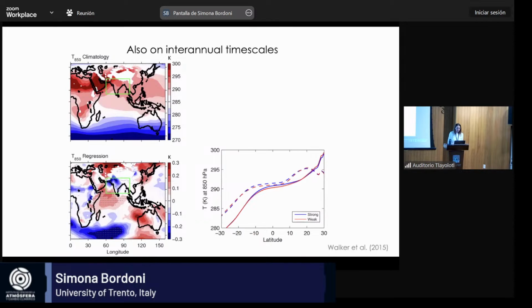But let me show you how, again, I really want to emphasize how if we really were to believe that the near surface temperature gradient is a driver, an external driver of monsoonal circulations, this would lead us to wrong predictions. And this is from a paper that we wrote with a former student of mine, Jennifer Walker, where we looked at interannual variability of the Indian monsoon.